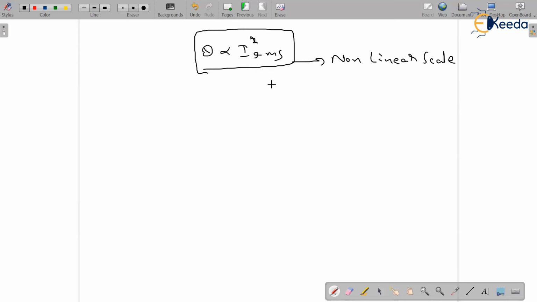The next step, what about the non-linear scale?